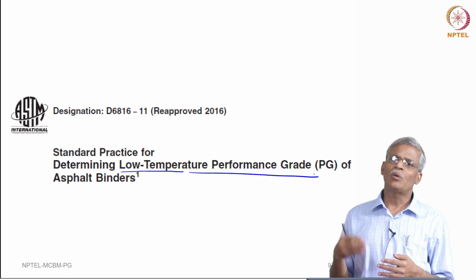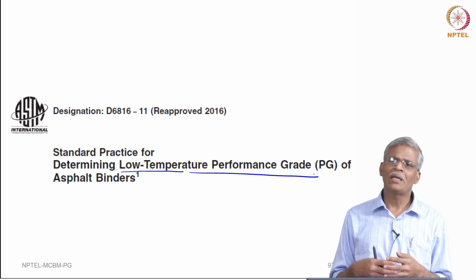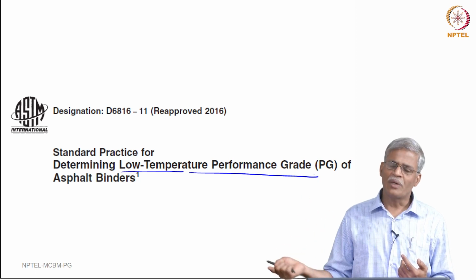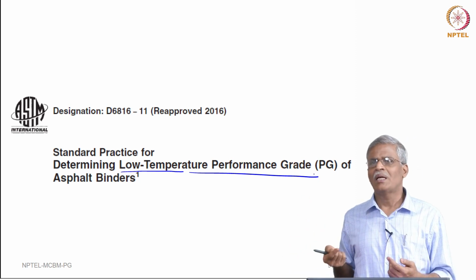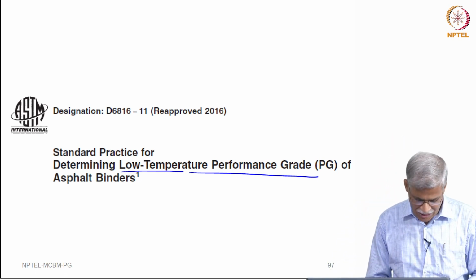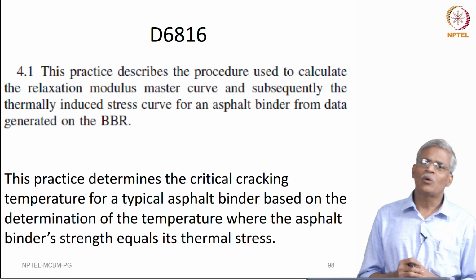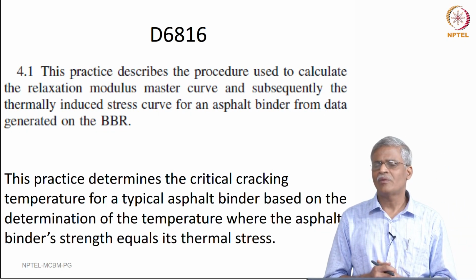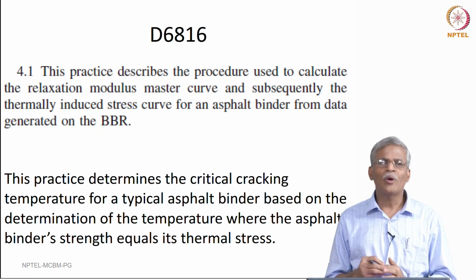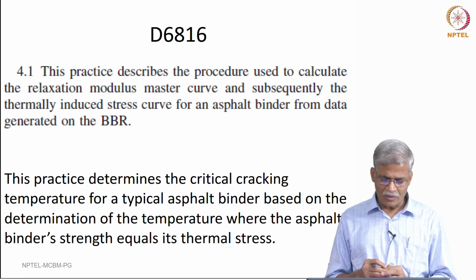But when it comes to the low temperature performance grade, the connection between the field behavior as well as the lab testing is somehow missing. So, let us see how to establish that. It is very much necessary to read through the section 4.1 that is given as part of this test.